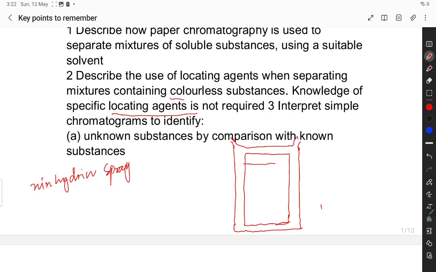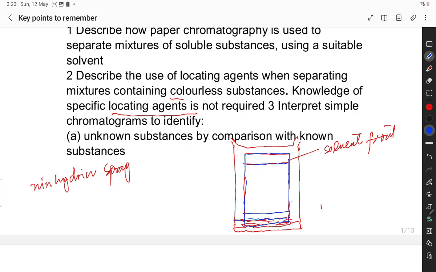So this is the solvent front. This is the solvent level, and this is the baseline.